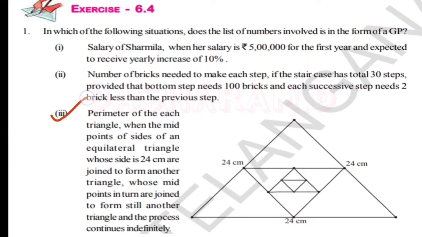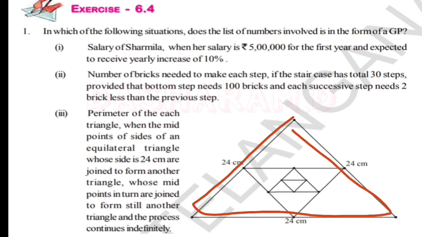Next, third question: perimeter of each triangle. It is a situation where the midpoints of the sides of an equilateral triangle whose side is 24 centimeters are joined to form another triangle. See, here is the triangle. It is an equilateral triangle, its side is 24 centimeters.